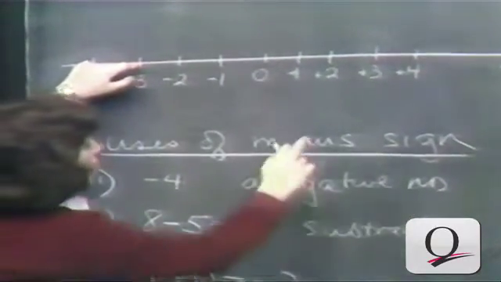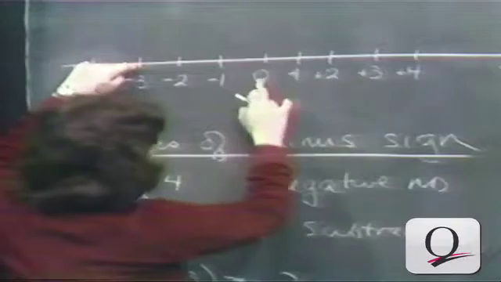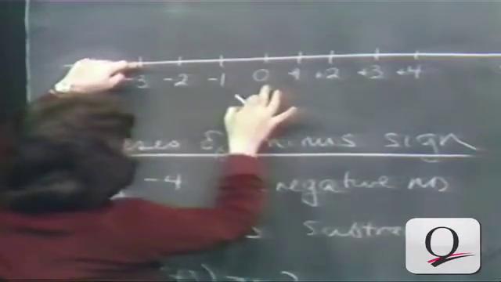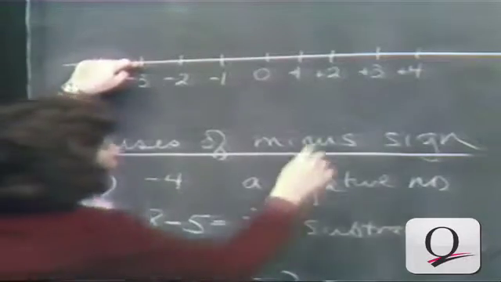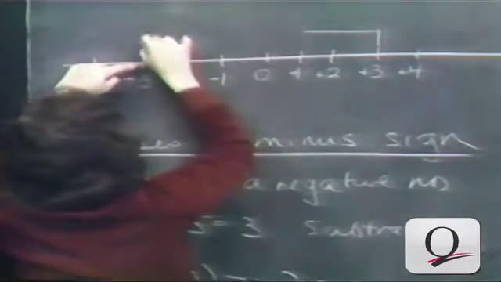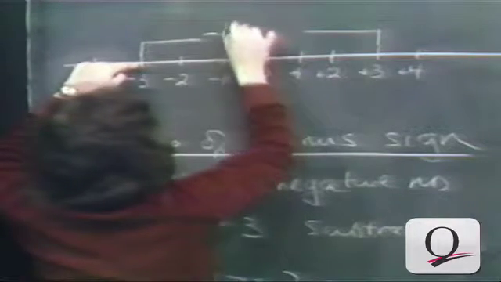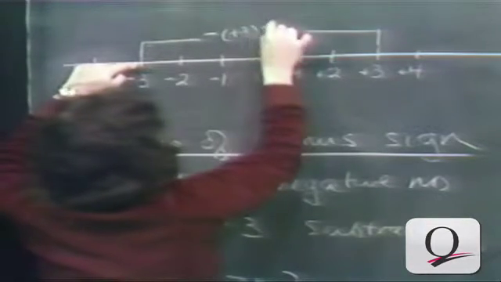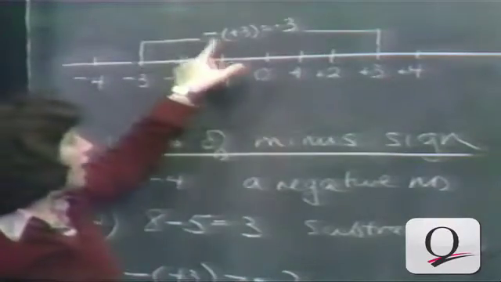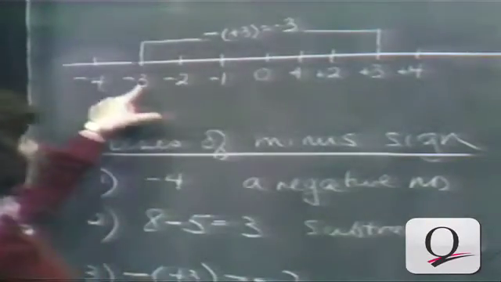That is the number on the opposite side of 0 from plus 3, but the same distance away from 0, is the number minus 3.